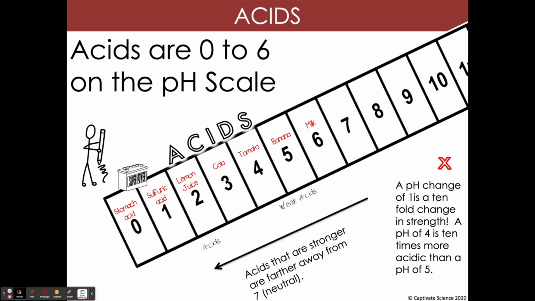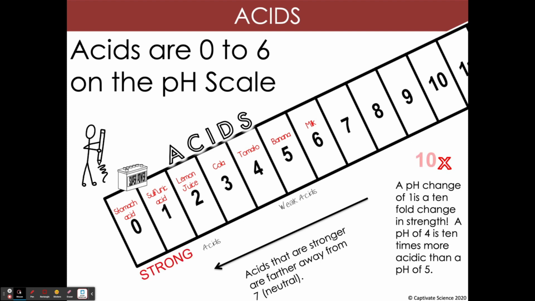A 1, sulfuric acid. And a 0, stomach acid. So you can see as you go from 6 down to 0, you're actually increasing in strength. Acids that are stronger are further away from 7. 7 is considered neutral. Pure water, H2O, is considered a 7.